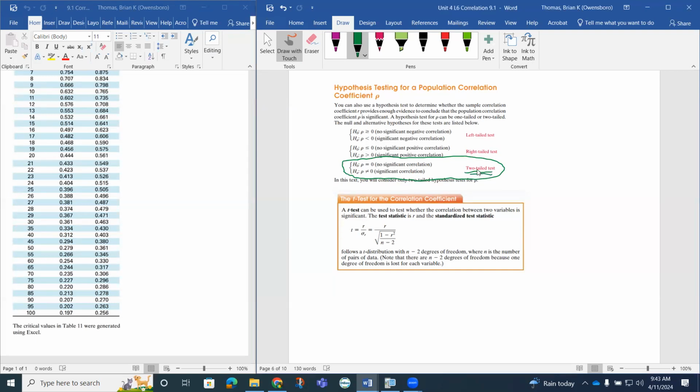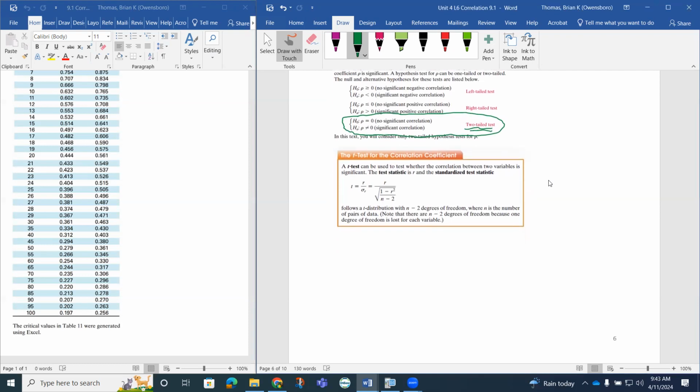So as we move forward, we talked about how to find a critical value using table 11, but we also want to create what's called the test statistic. To find the test statistic, we actually have to use what's called a t-test. Notice how this formula is a little bit involved.